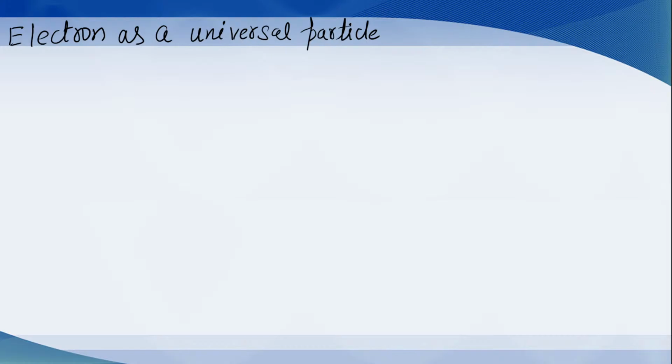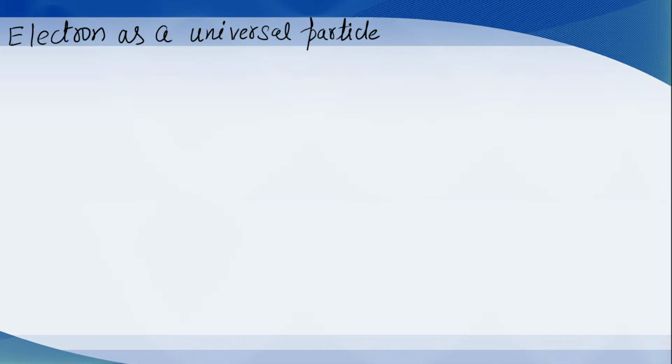In addition, electrons may also originate from a number of sources like a heated metal filament, by exposing active metals like sodium and potassium to ultraviolet rays, and from radioactive substances in the form of beta rays.